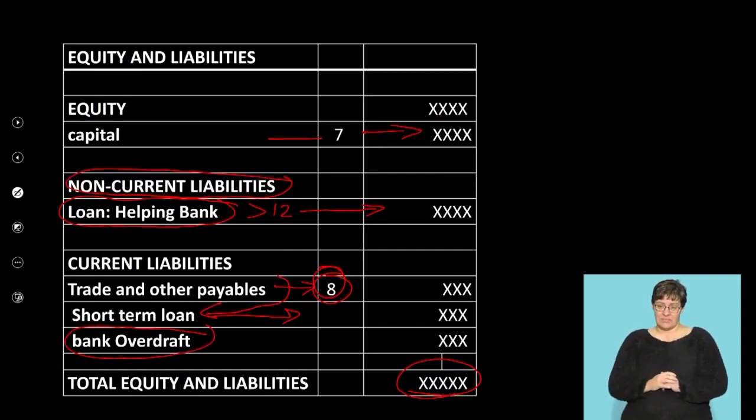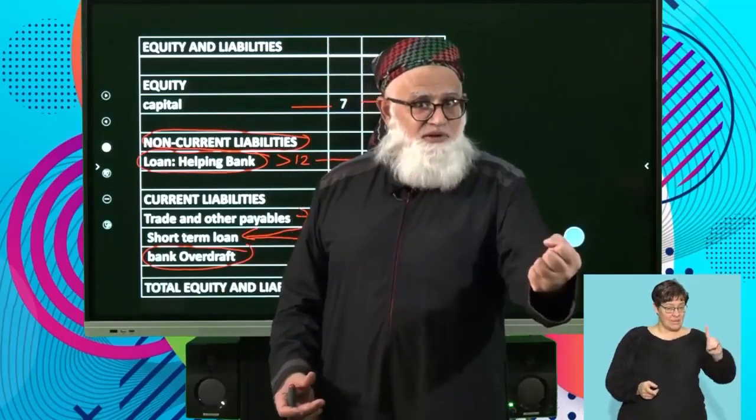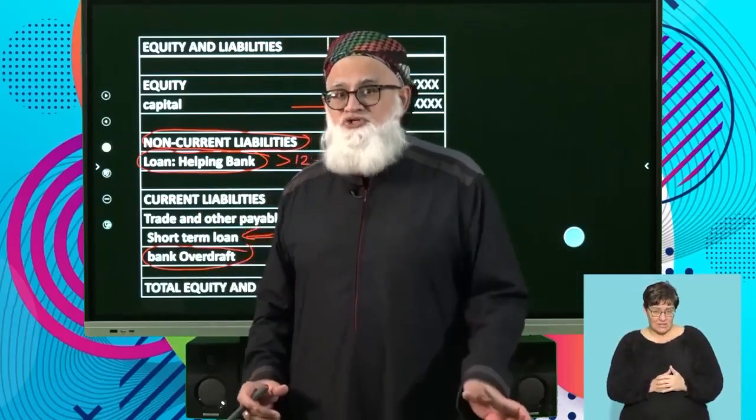So what type of an account is bank? The question is, what type of an account is bank? The answer is, it depends on what? On whether bank has a debit balance, favorable, or it has a credit balance, is in overdraft. Got that? So don't make any assumptions.